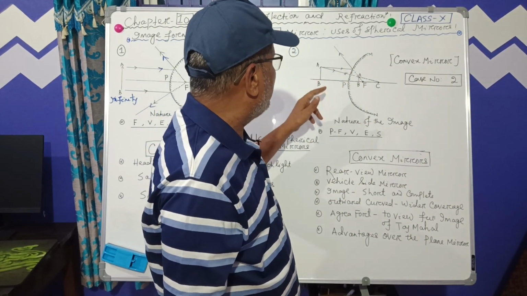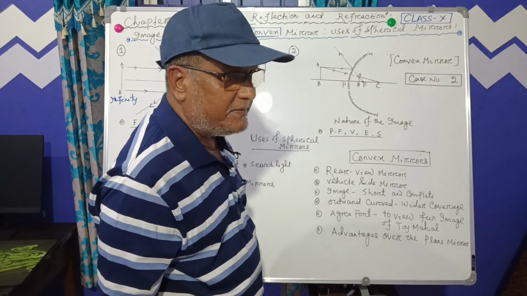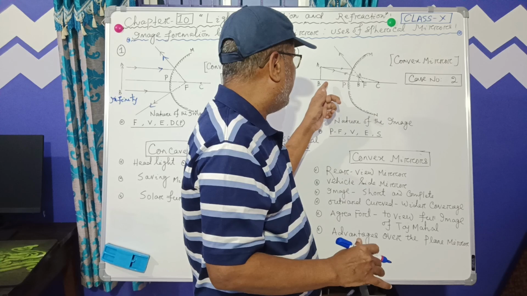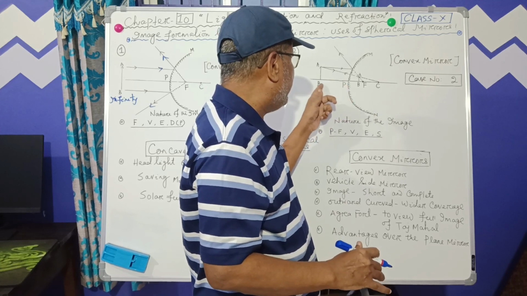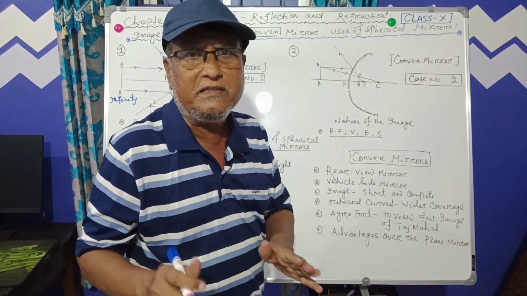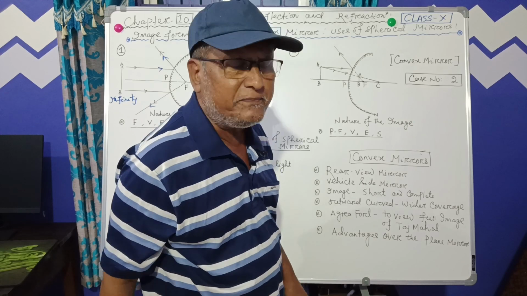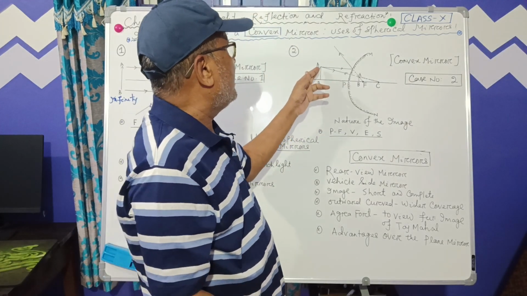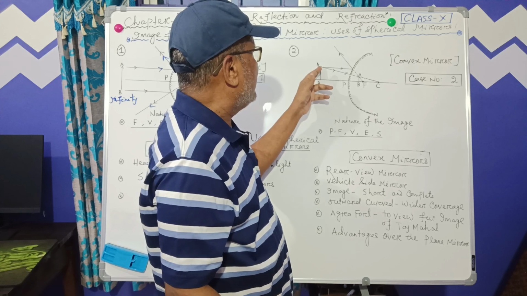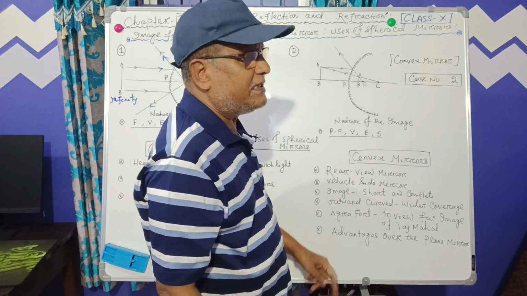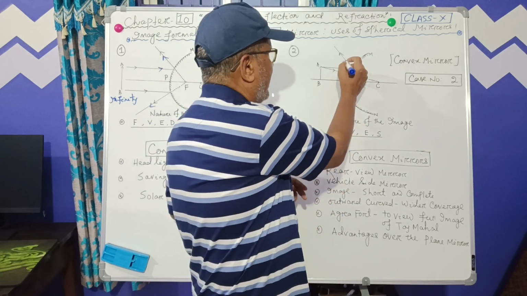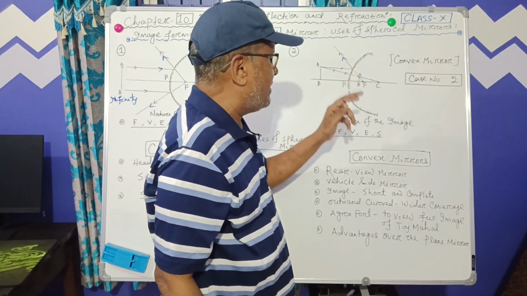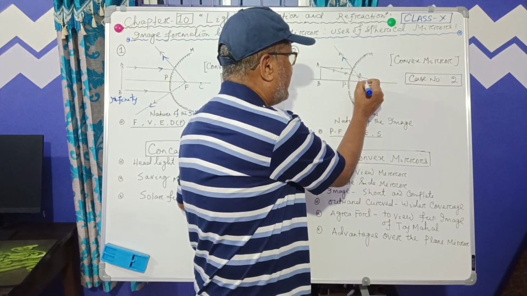Now see AB, the object, at a definite place, means the PB distance is a definite distance, it can be measured. Now you see the ray parallel to the principal axis, after reflection, appears to have come from the point here, focus.